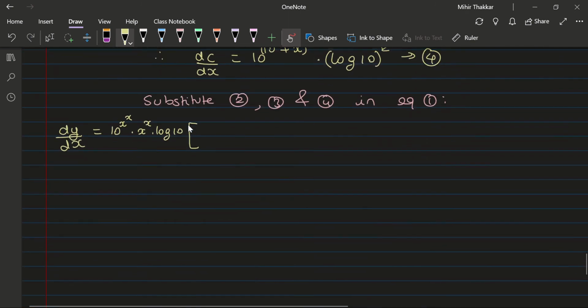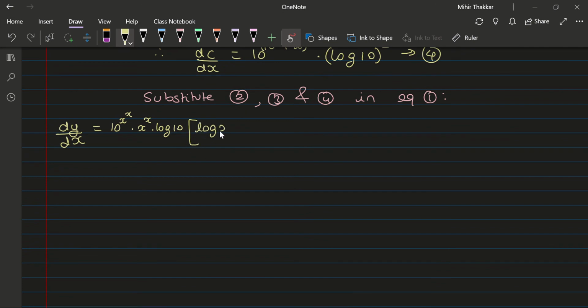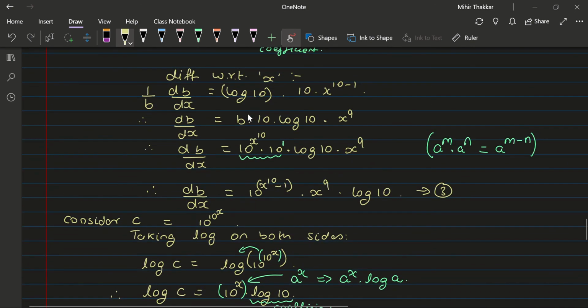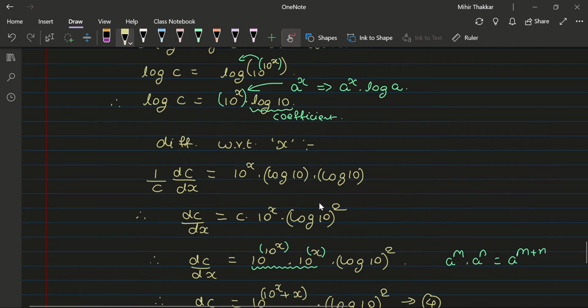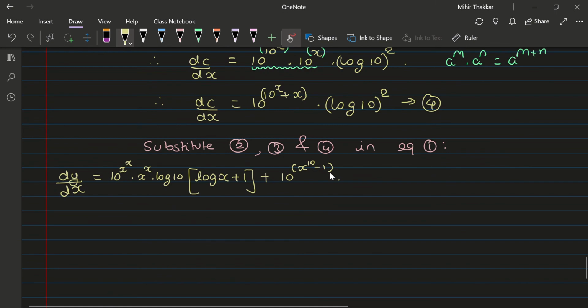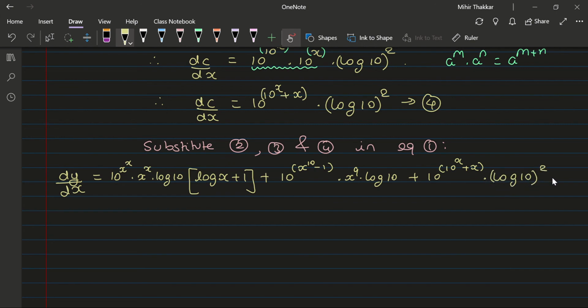Just log x plus 1, plus the second element, which is 10 raised to x raised to 10 minus 1 multiplied by x raised to 9 into log 10, and the last element right there in front of you, 10 to the power 10 raised to x plus x multiplied by log 10 the whole square.